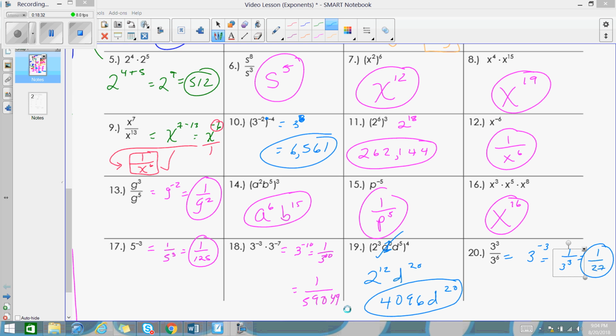Anytime you're doing one of these problems, and this is the only caveat to the base being a number. If the base is a number, and when it's raised to the exponent, you put it in your calculator, you get like 2 point blah blah blah e to the something. That's scientific notation. That's a calculator's way of saying that that number is humongous and we can't get it on our screen.